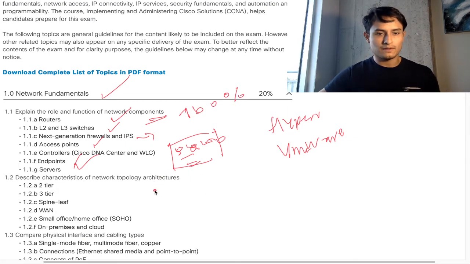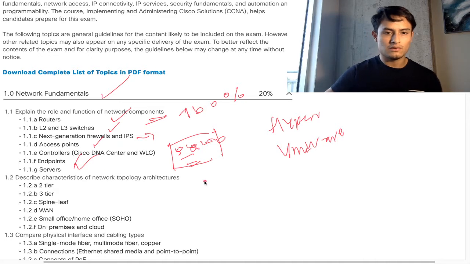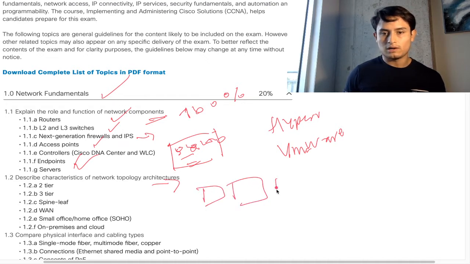Describe characteristics of network topology architecture, second tier. So just the topology architectures. For example, in the second tier, you have your distribution devices, which are mostly switches.